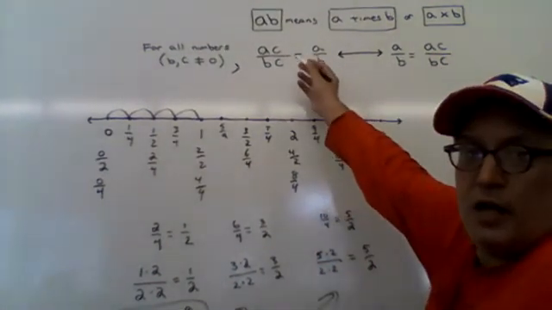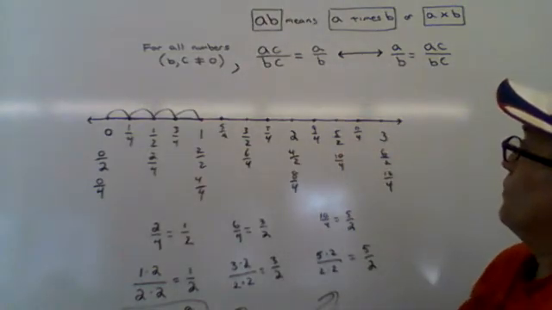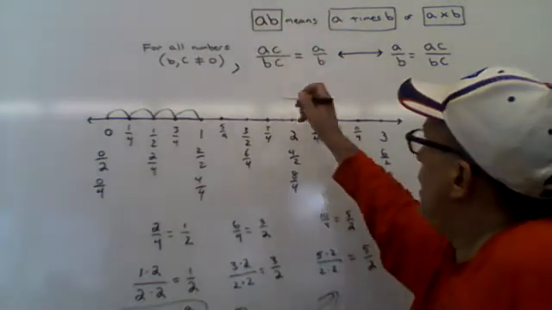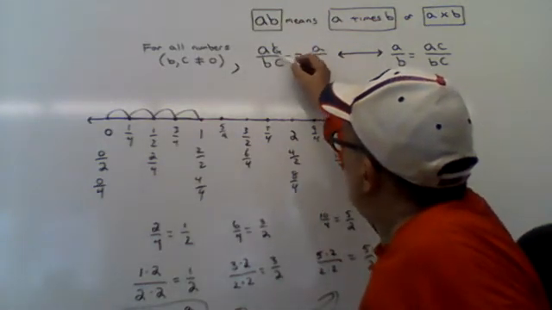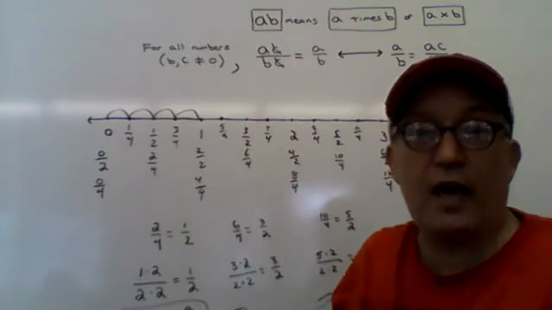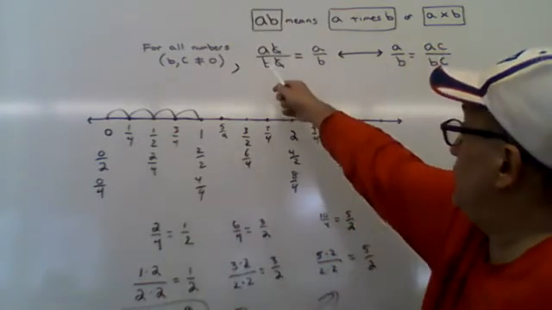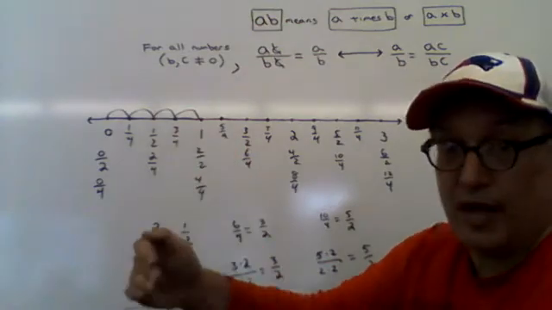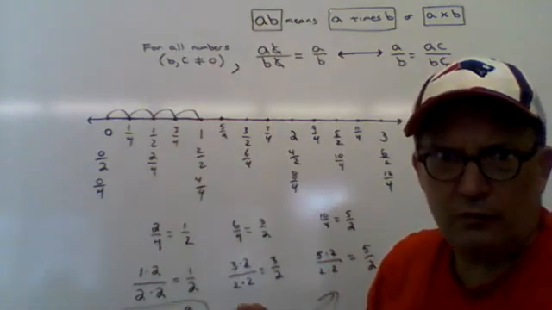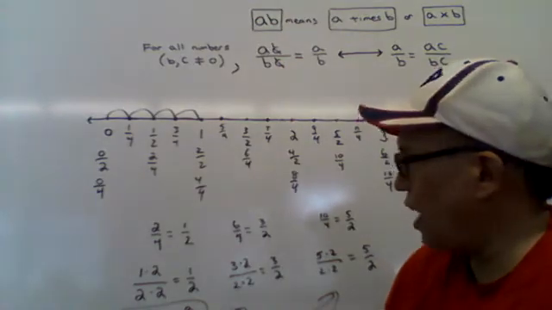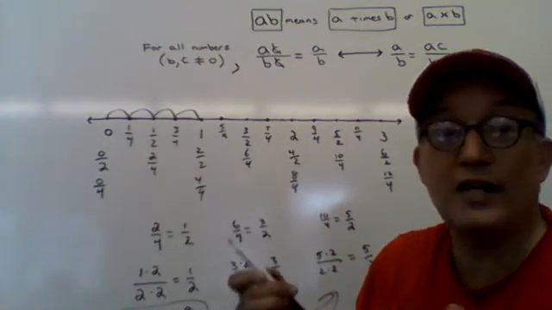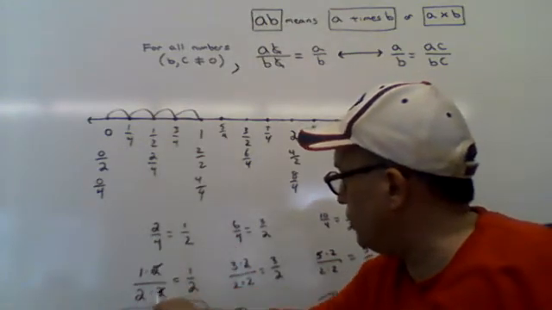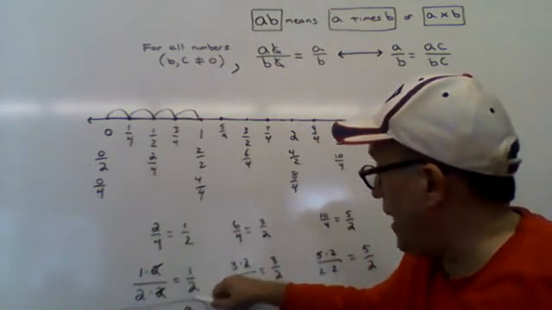If you look back up here at A times C over B times C, you can cross out each of those C's and have an equal fraction, because there's the A over B, right? The statement said A times C over B times C equals A over B. So if you have it written like that, you can just cross those two C's out. You can cancel them top and bottom. They have to be the same number, though.